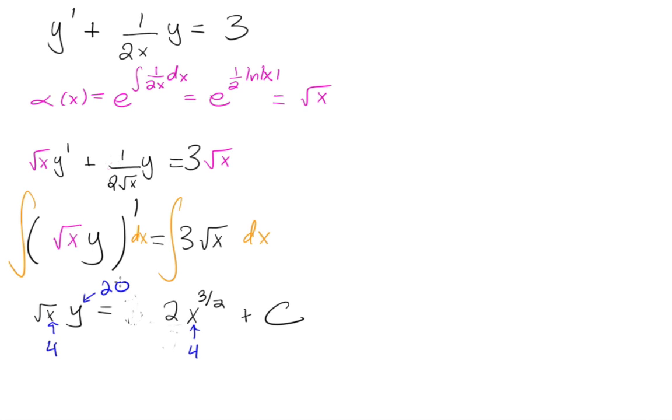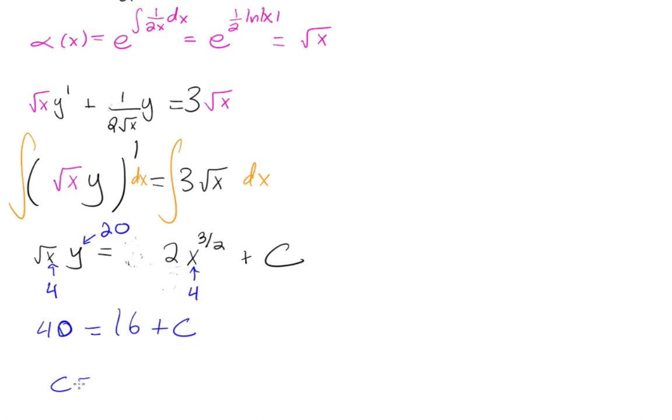So what do I get on the left side? 40 on the left is equal to 4 to the 3 halves is 8 times 2 is 16 plus c. So this means that c is equal to 24.